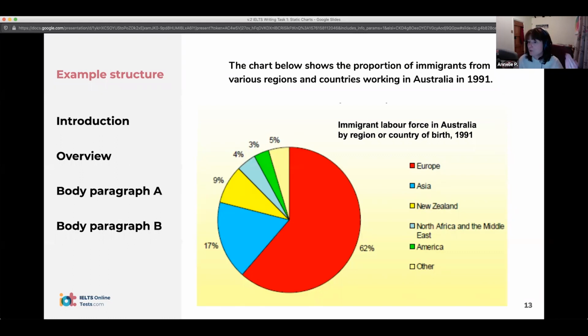You can, if you want, put the overview at the end. That's perfectly acceptable. But it is very, very important to get that overview in. It's one of the key aspects of task achievement. So it's quite good to actually get it done first, and then you know you've completed it and you don't have to worry about forgetting or running out of time at the end.